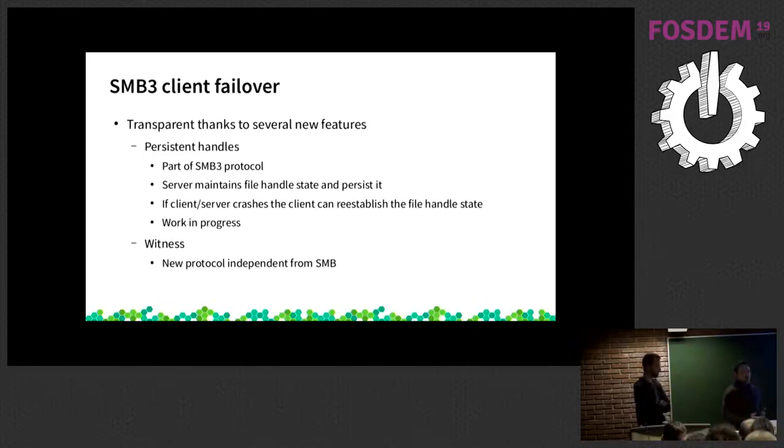So if the server crashes, before persistent handles this information was lost, but with persistent handles, this file handle state is somehow persisted. So the client, when it reconnects, can request the server to reuse the file handle state. And in cluster environments, this file handle state is also synchronized or distributed across the cluster. So a client can open a file in another node in the same state.